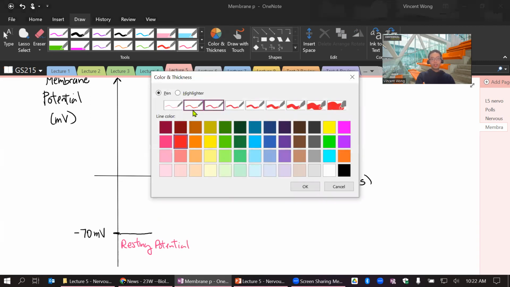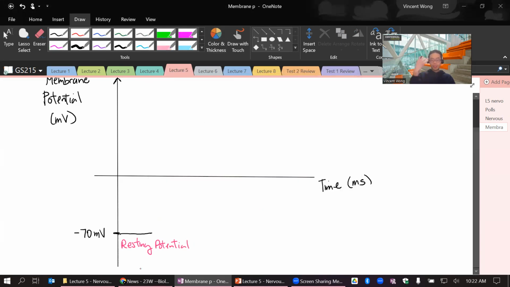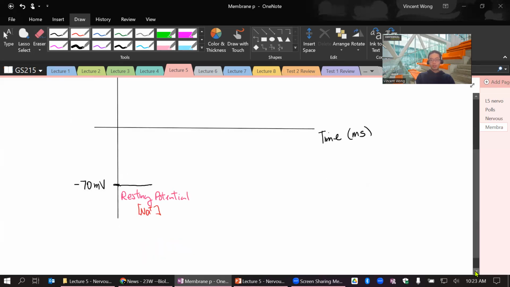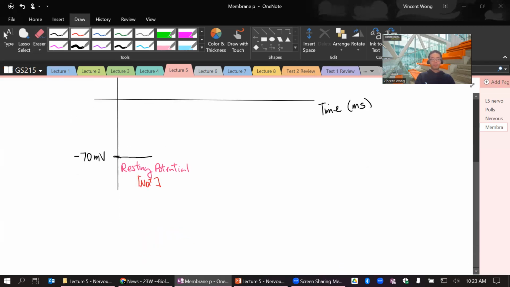I also want us to focus on the concentration of sodium and potassium and how they change at different parts of this graph. At resting potential, we're always going to be talking about the inside unless otherwise specified. On the inside, what's the sodium level? See if you remember. Is it high or low? Let's think about that for a second. Low is correct, because we keep on pumping it out.